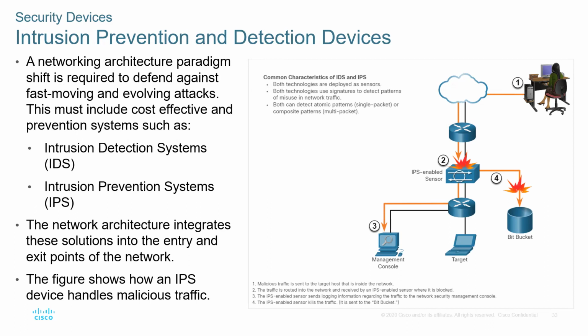So I brought this up earlier: IDSs and IPSs, intrusion detection versus intrusion prevention. Detection basically will alert you when something happens, but that's all it does. It just alerts you. An intrusion prevention system takes action.